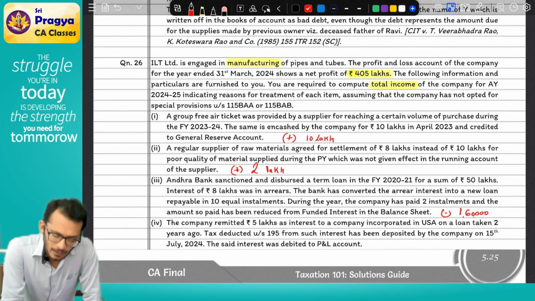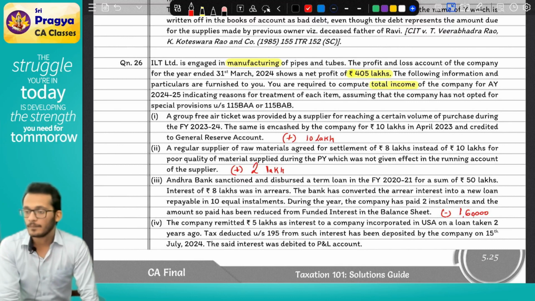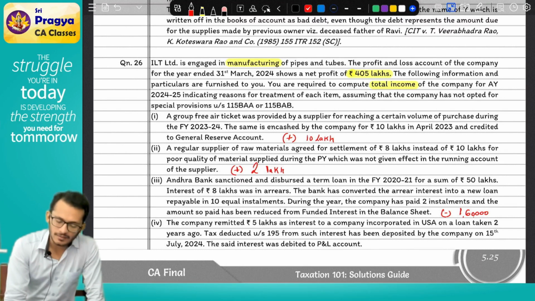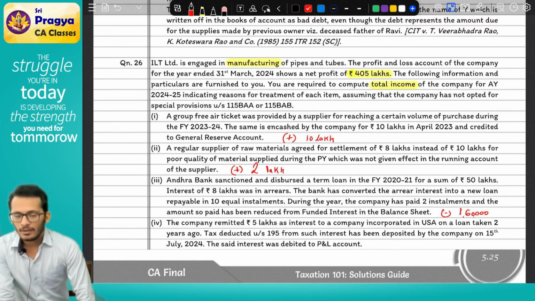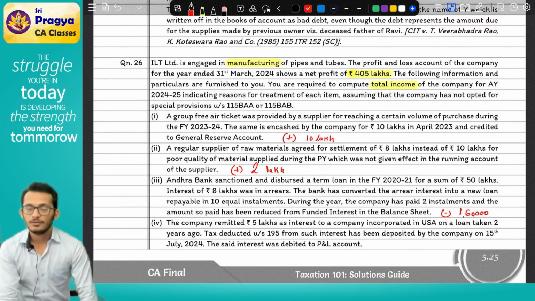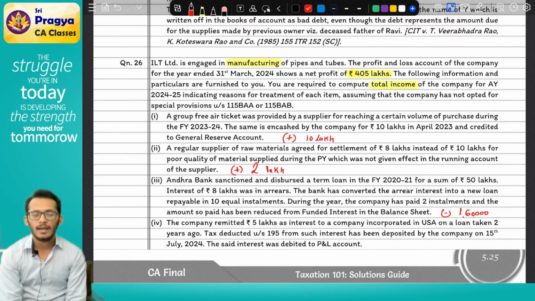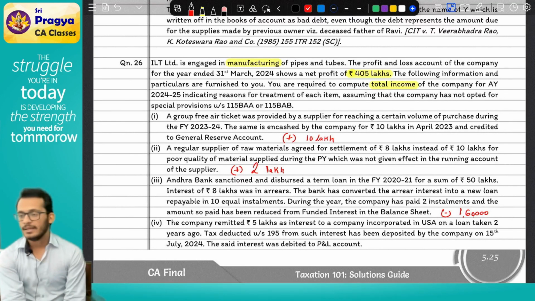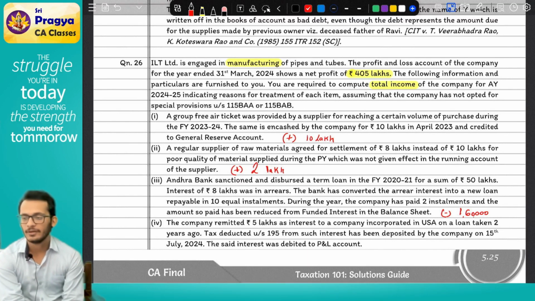Next one. The company has remitted 5 lakhs as interest to a company incorporated in the USA on a loan taken 2 years back. The tax deducted under 195 from such interest has been deposited by the company only on 15th July 2024. Question to you: have you paid the interest in 23-24 or 24-25?